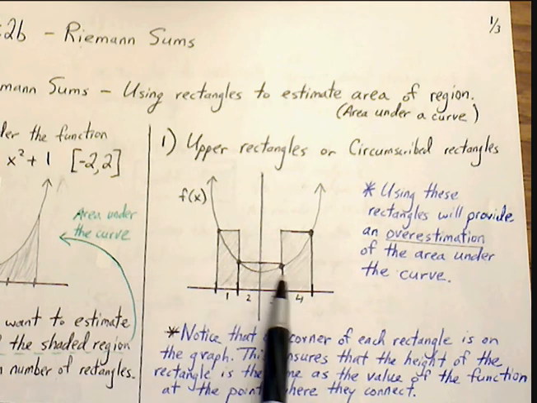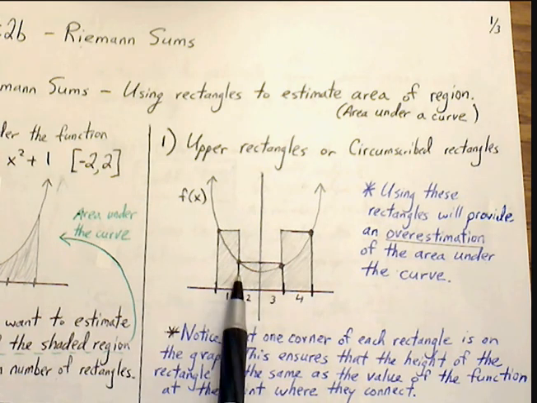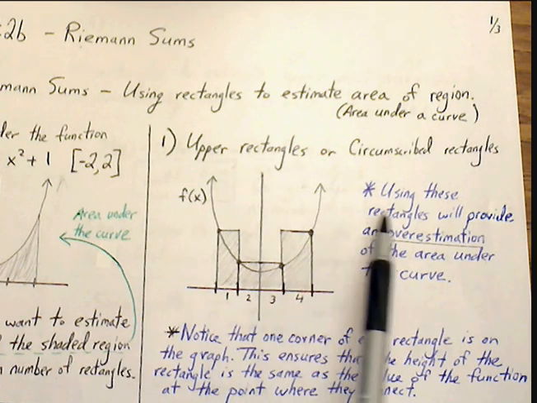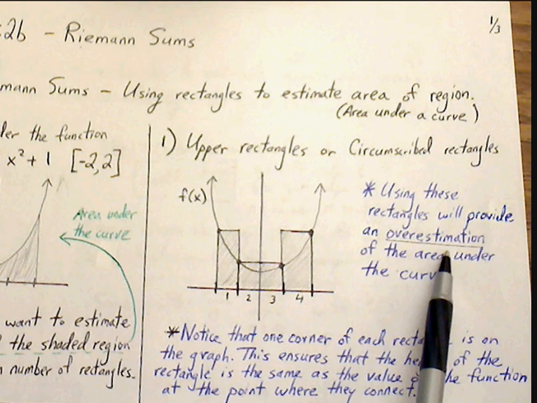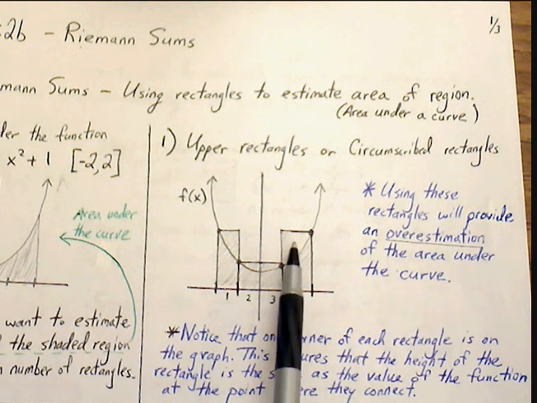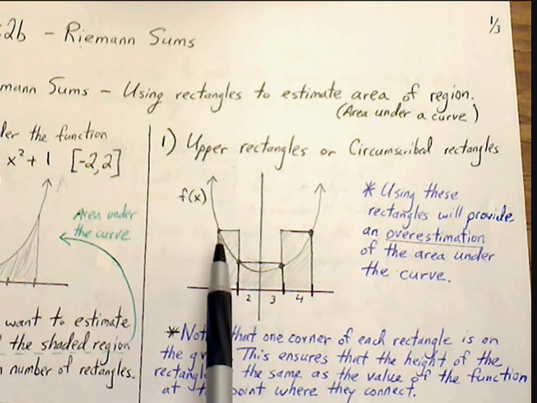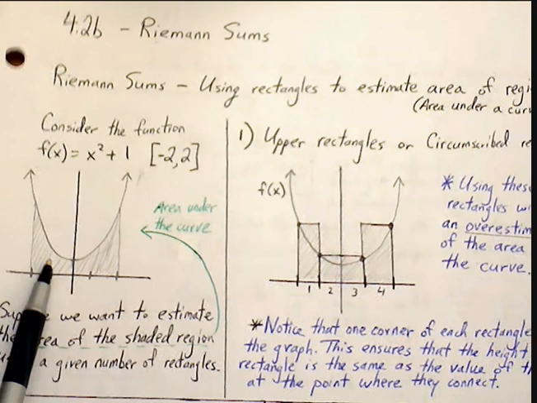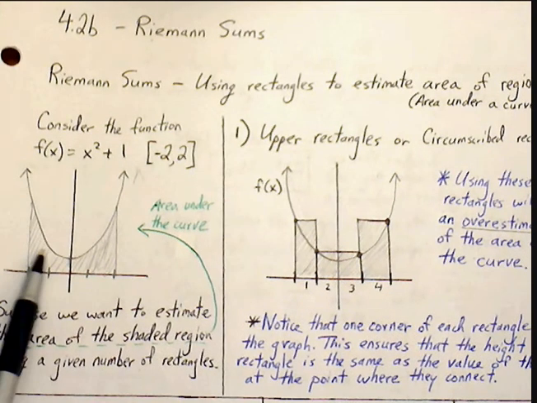So this will be an estimation of sorts, and this estimation is going to be an overestimation. Using these rectangles will provide an overestimation of the area under the curve. As you can see, the area of these rectangles added together will be more than the actual area of the region under the curve.